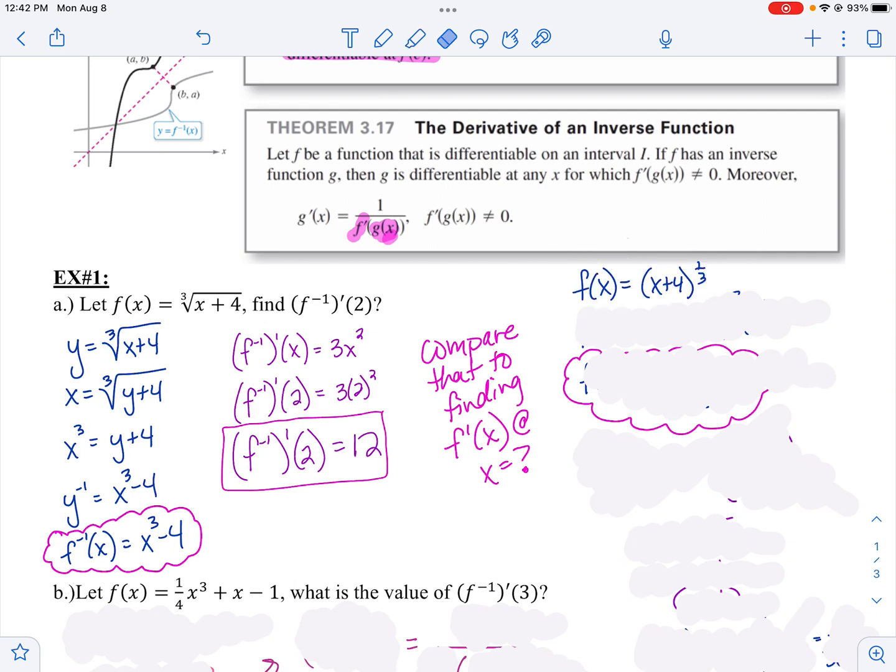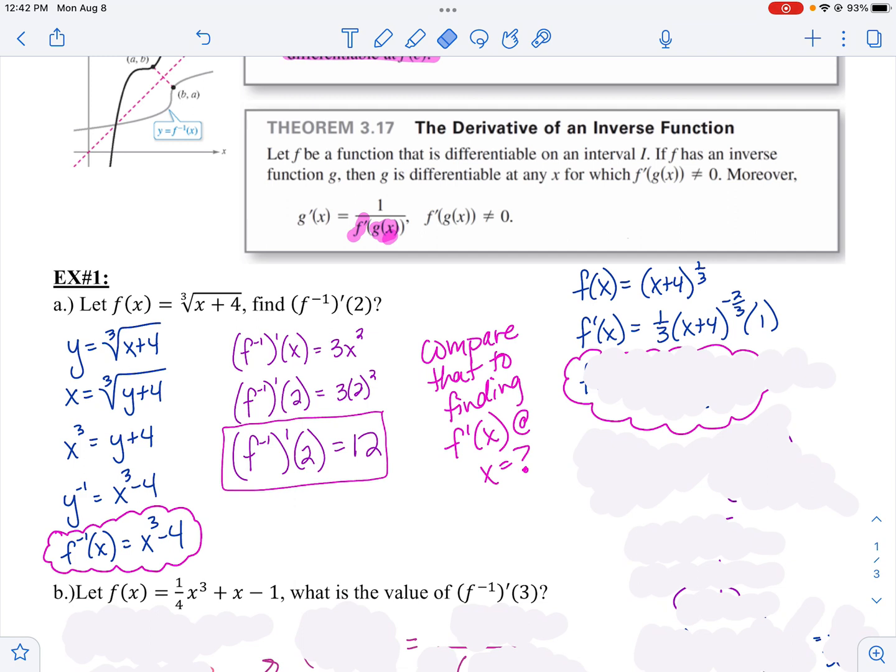My original f function, remember, was the cube root of x plus 4. Can I rewrite that as (x plus 4) to the 1/3 power? So this is, again, my original function f. I can find the derivative of f, using my power rule with the chain rule.